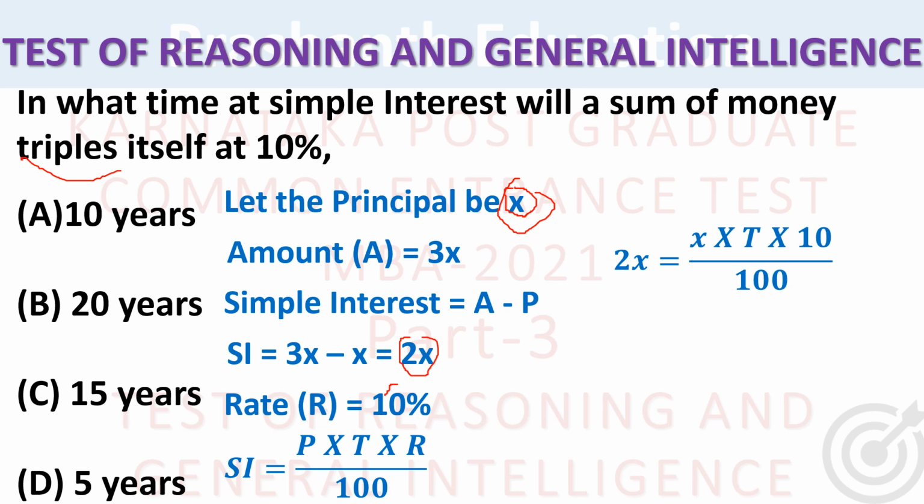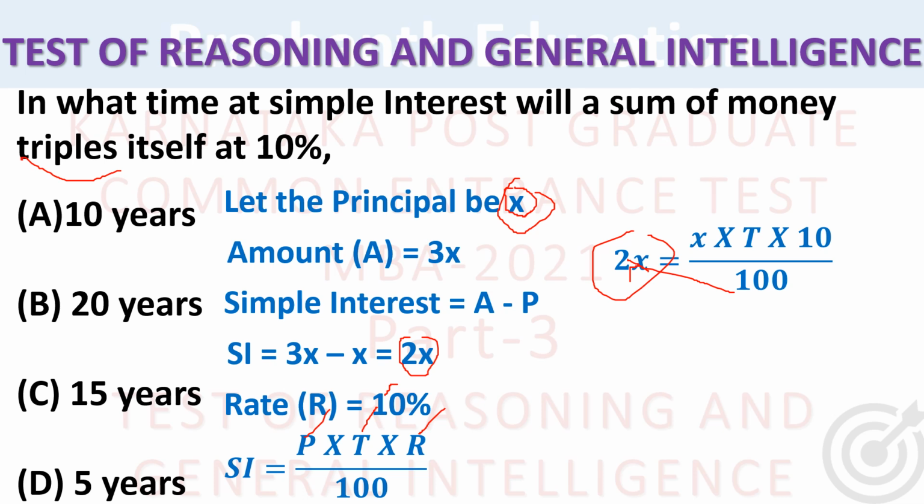So simple interest is 2x, principal is x, time we don't know, so we put t. The rate of interest is 10, and I put it directly as 10 here so that we don't have to calculate 10%. So 10 divided by 100. Now move this here: 2x into 100.